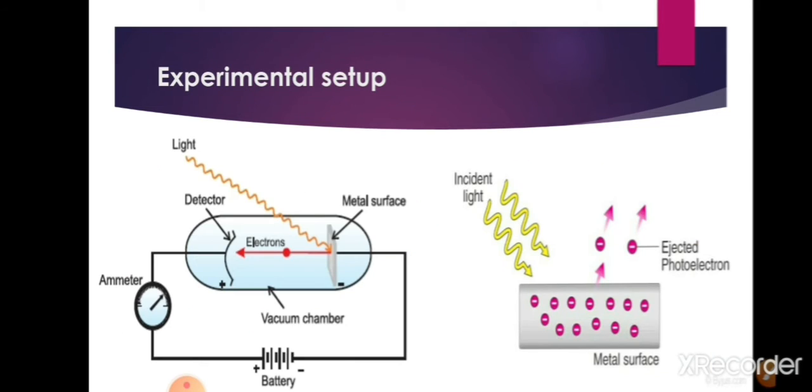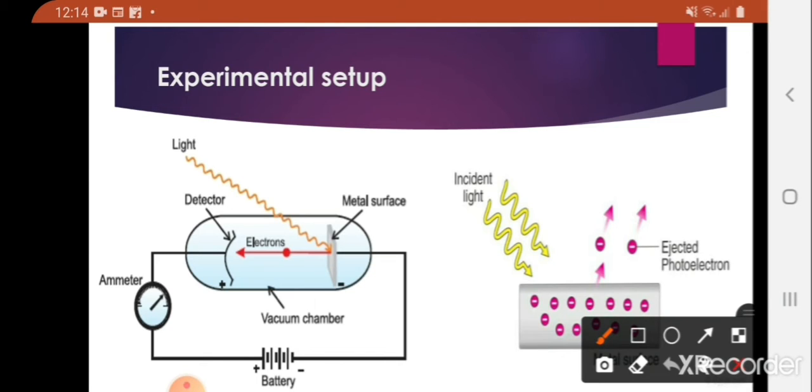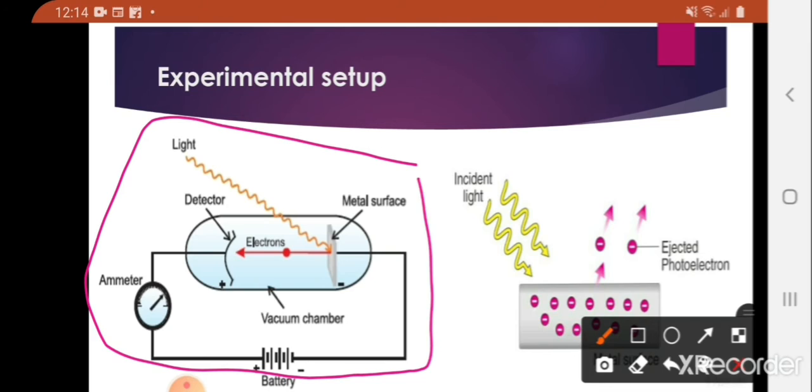Here you can see in this picture, this is the experimental setup of the photoelectric effect. A piece of metal is kept here and that metal is exposed to light.